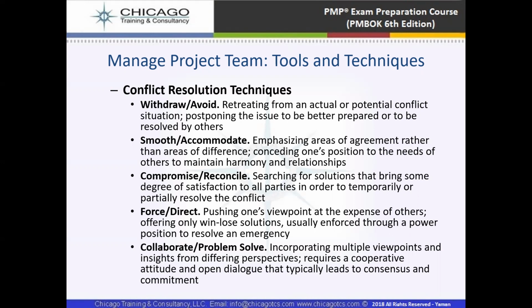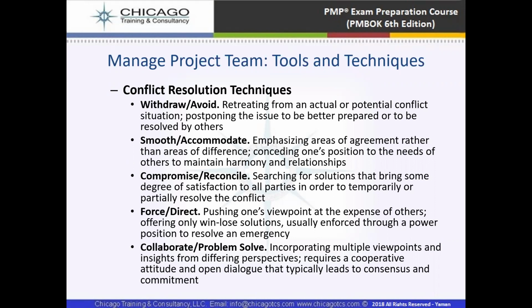Then smooth and accommodate. It means emphasizing areas of agreement rather than areas of difference. Then we have compromise and reconcile, which means searching for solutions that bring some degree of satisfaction to all parties. Then we have force and direct, which is pushing one viewpoint at the expense of others, offering only win-lose solutions.